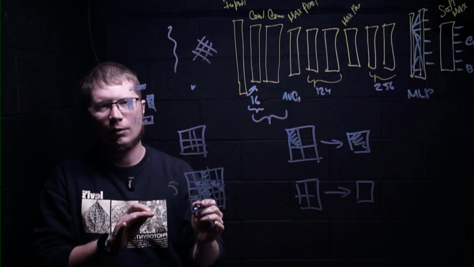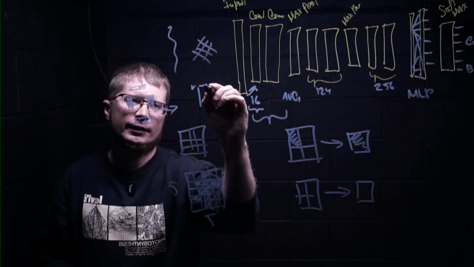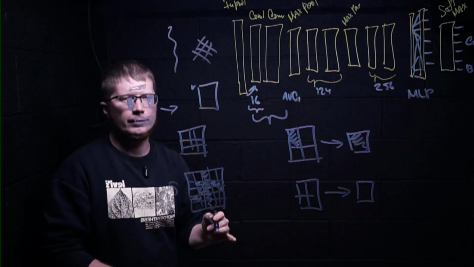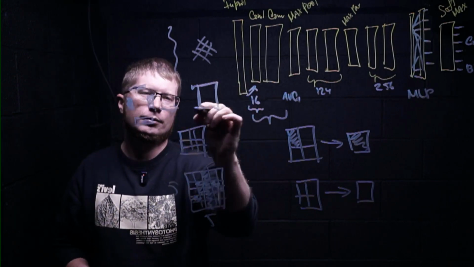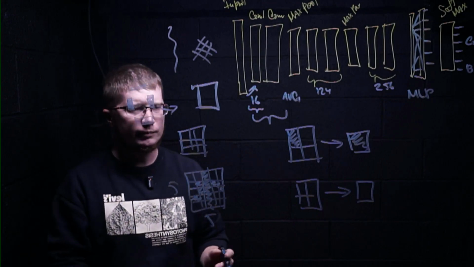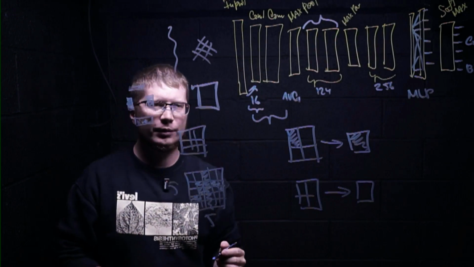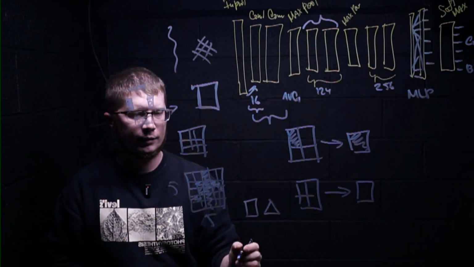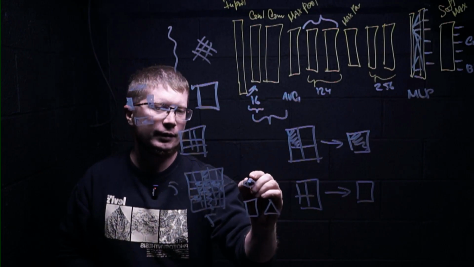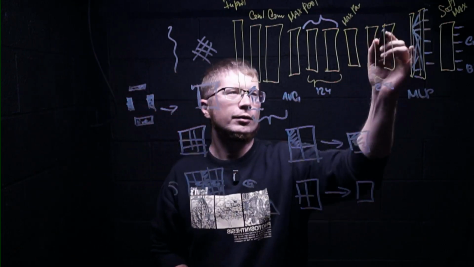So it will think, okay, it looks like a box, and here it will be simple structures like box, triangle, maybe an eye, and so on.